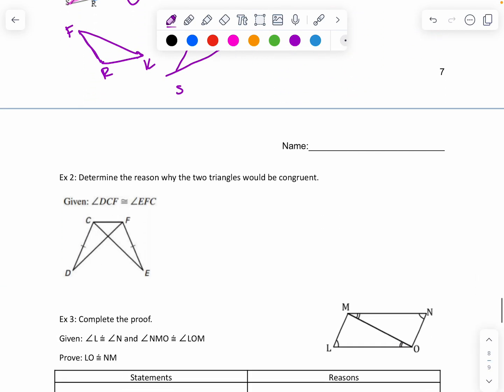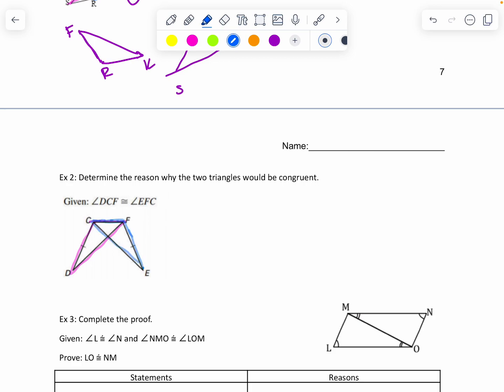If you look at example 2 here, determine the reason why the two triangles would be congruent. This is basically the setup for your overlapping and setting it up later on for the corresponding parts. If I'm looking at this, I can see triangle DCF and triangle EFC.